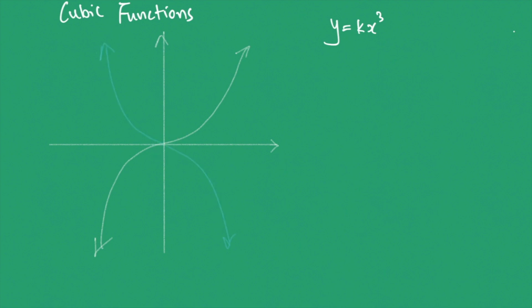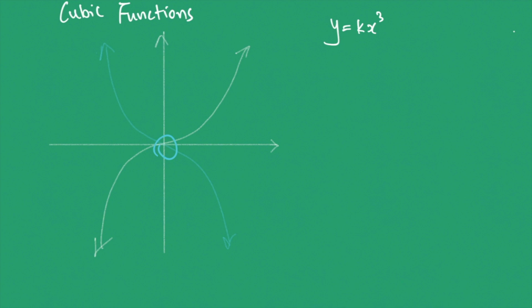Apart from that, there's also another case that is marked in blue pencil. In this case, the cubic curve is decreasing and also has a point of inflection at the origin, where the curve changes from concave upwards to concave downwards.